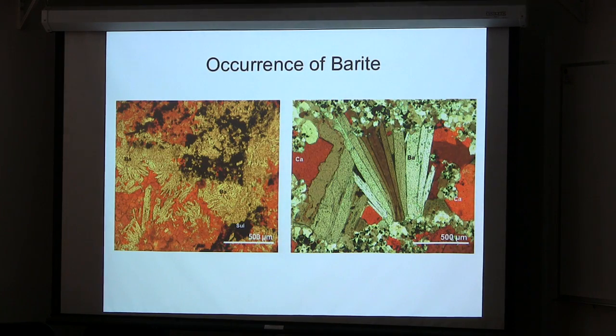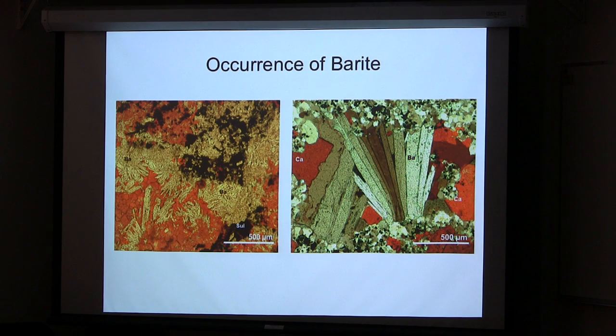And then speaking of barite, we do see the large presence of barite in thin section. So in both of these photos, barite is this elongate white crystal, and it does seem to be associated with calcite as well as these black sulfide minerals. And previous research has suggested that barite forms relatively late within the paragenetic sequence of this caprock formation.